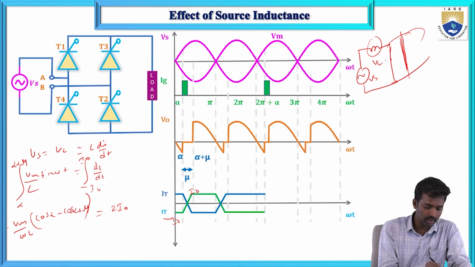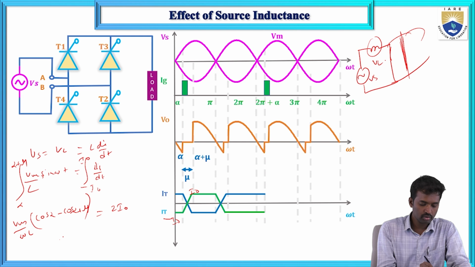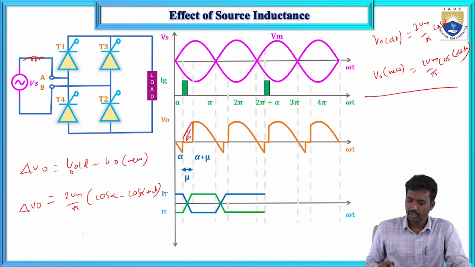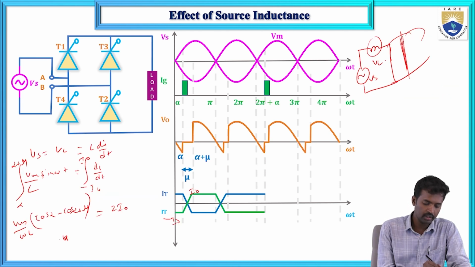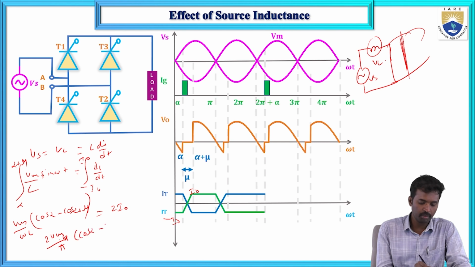This is 2Vm by pi cos alpha. So that one equals 2Vm by pi cos alpha minus cos alpha plus mu is equal to 4 I naught into omega L.